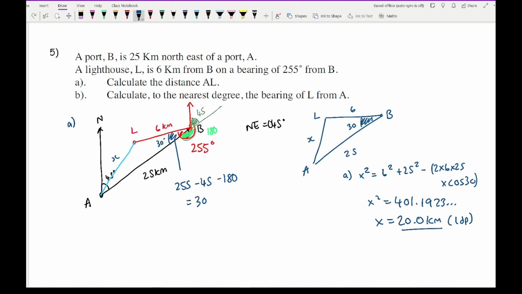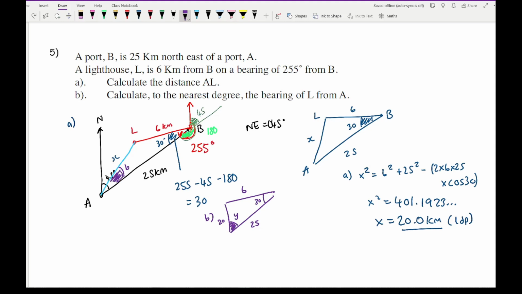Part B then says calculate to the nearest degree the bearing of L from A. What colour have we not used? Let's go for purple. The next question for B is working out this purple angle here. If I take the triangle out, I know that this side here is 6, this side here is 25, and this side now is 20. This angle here is 30, and the question's asking me to find this angle here. Let's just call that y.